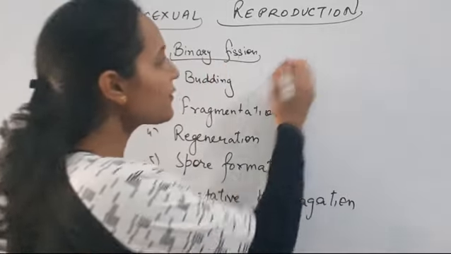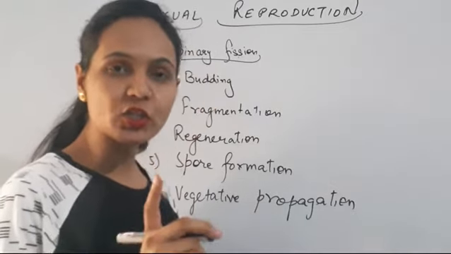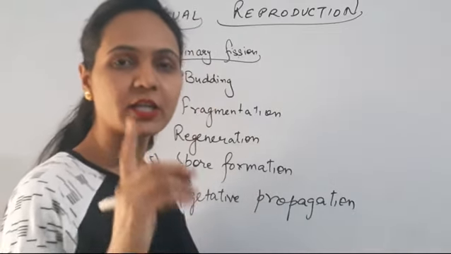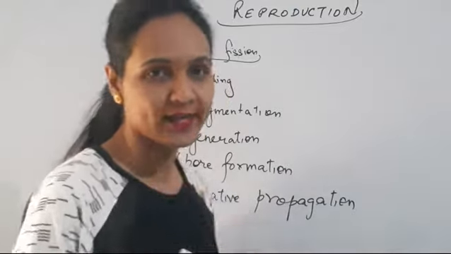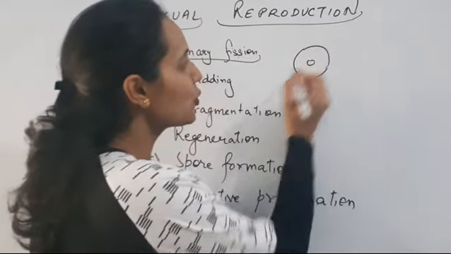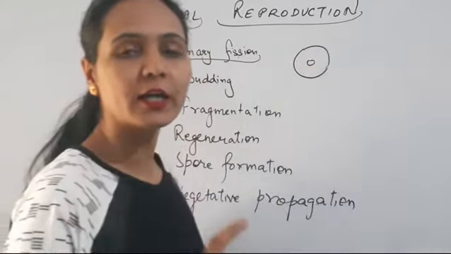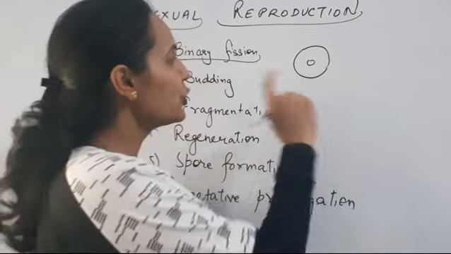So binary fission is a type of asexual reproduction in which one organism splits into two by the process of karyokinesis and cytokinesis. See, this is for example an organism. It has a nucleus. Basically, binary fission occurs in unicellular organisms which have a single cell and a nucleus.